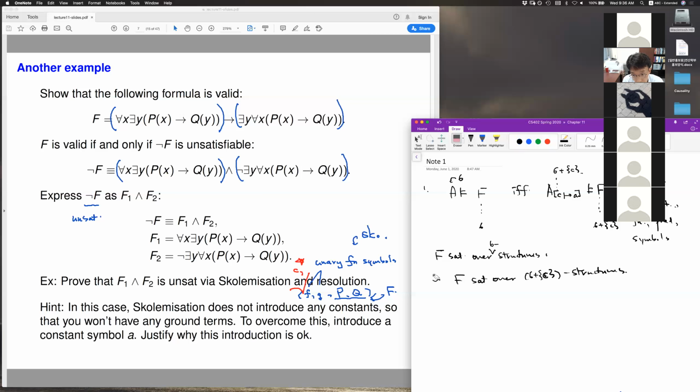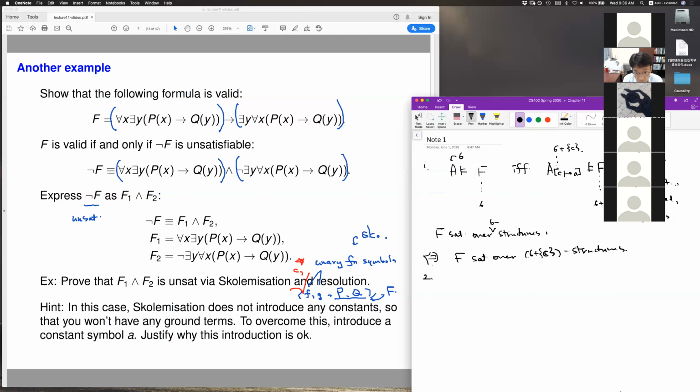Maybe the appropriate thing to say is that these two are actually equivalent. They say the same thing. Okay, so this is the technique that we're going to use. So how do we use this to solve this question? Here's how we do it.